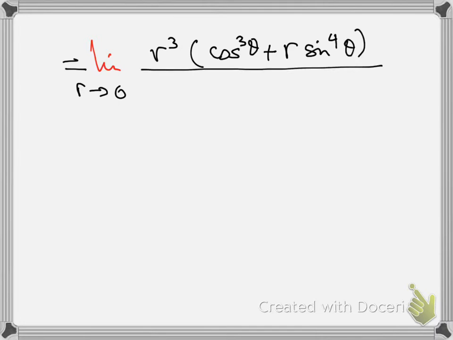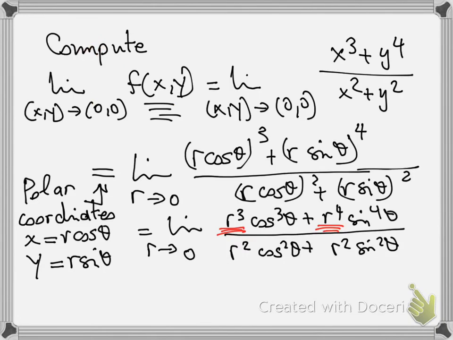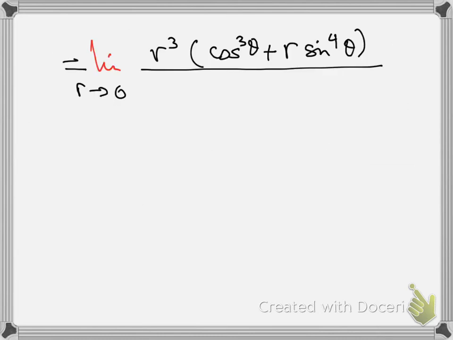In the bottom you can factor out r squared, and cosine squared plus sine squared is 1, so it's just r squared. So r squared cancels out, and we have r cubed over r squared, which is r.